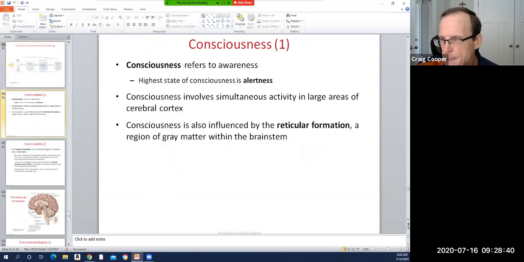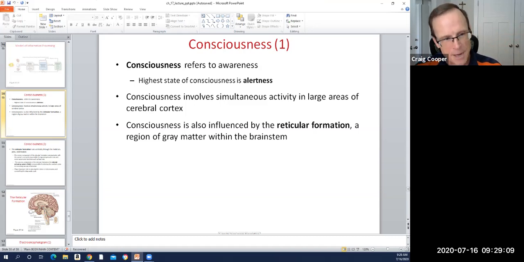All right. So consciousness. It's more than just being awake or asleep, but that's the big differentiation. And again, the reticular formation is the part of the brain that helps control that. So if you wake up to an alarm, the reticular formation is the first part of the brain that would be recognizing, hey, that thing's beeping in the background.